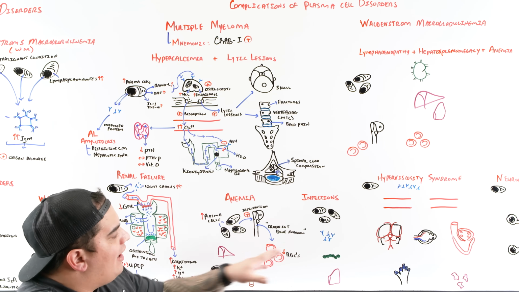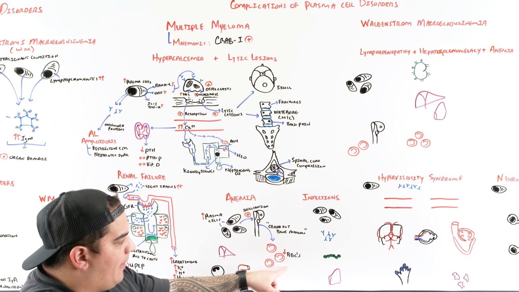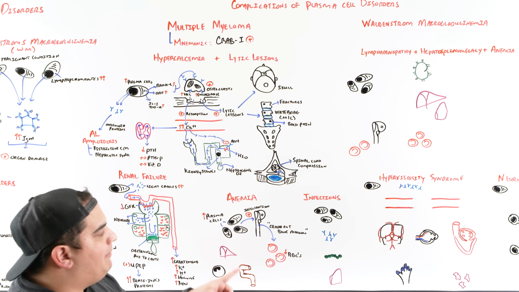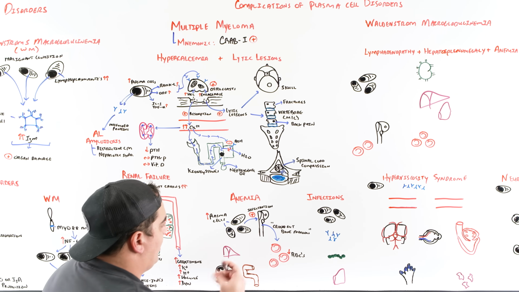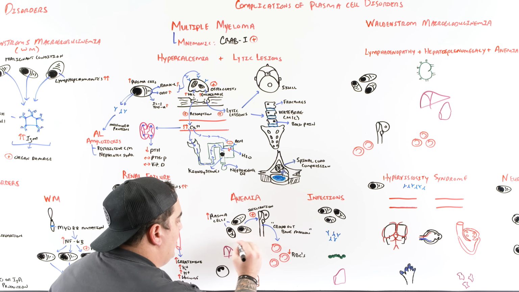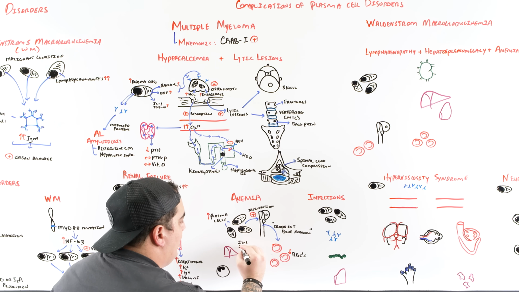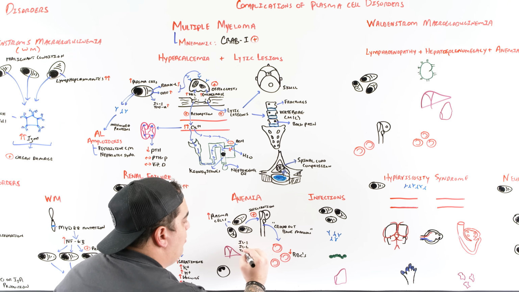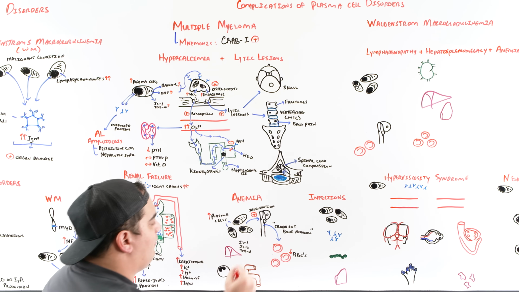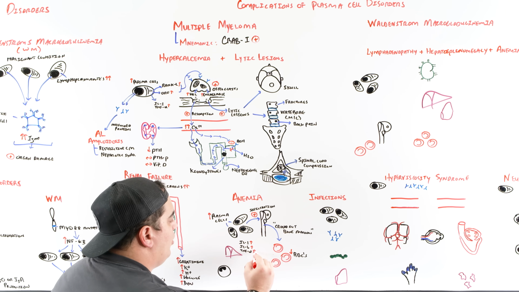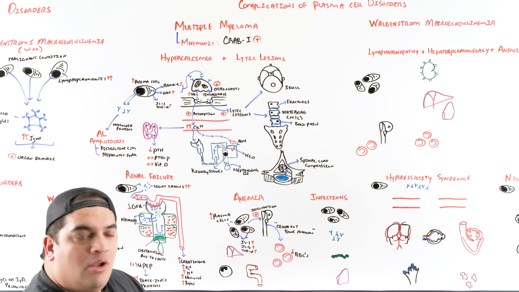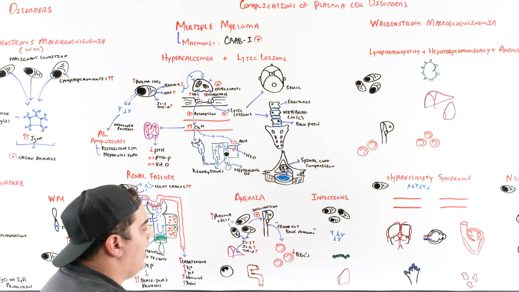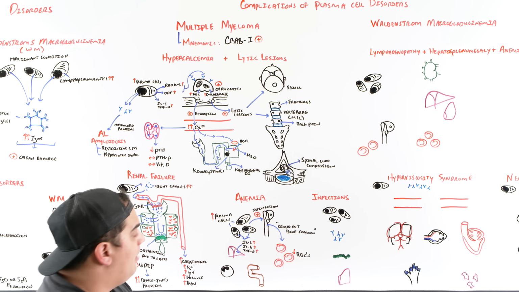But there's another concept here. If I crowd out that bone marrow, that's one way. Another thing that also happens is that these plasma cells, remember the cytokines that they were making? Interleukin 1, interleukin 6, tumor necrosis factor alpha, all of these are inflammatory cytokines. When you have inflammatory cytokines present, what do they tell the liver? They tell the liver, hey, lots of inflammation, do something about it.